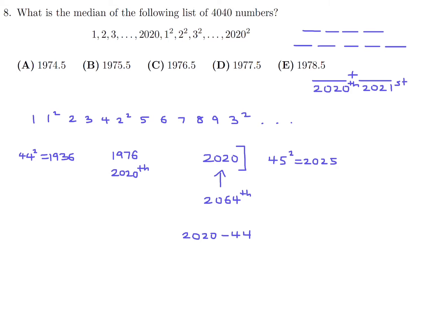Okay, so therefore the 2021st number would be 1977. So there we go. That is what we wanted. 1976 and 1977. And then to get the median, I've got to take the average of those 2 guys. So add them and divide by 2. 3953 divided by 2, and when you do, you get 1976.5. Therefore, number 8, that would be C.